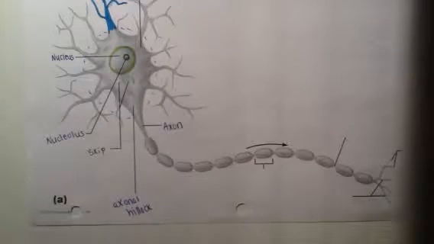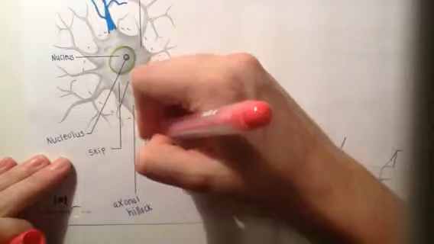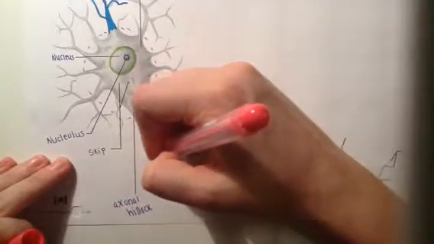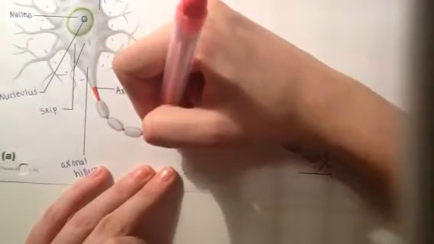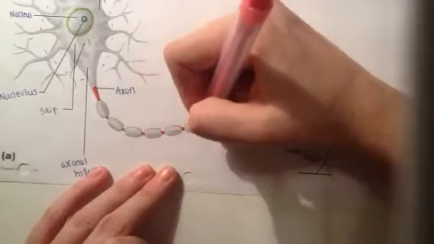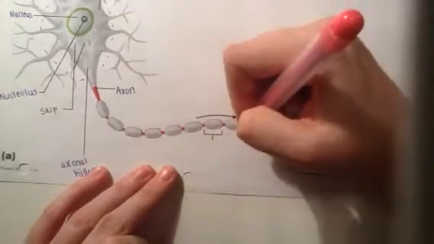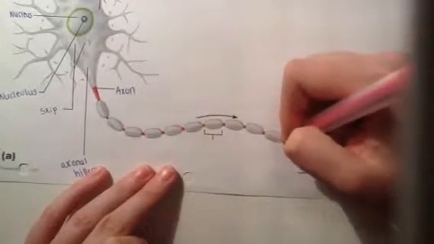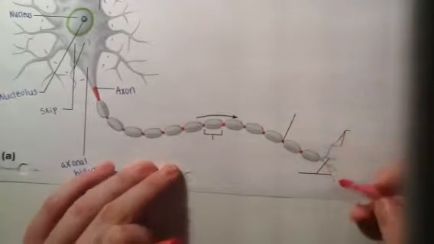Okay, and the axon is going to go all the way through these little beads. So it's like these, we're going to call them beads for right now, but it's like they're threaded onto the axon, like so.